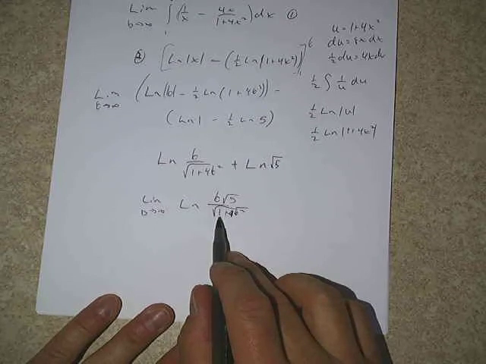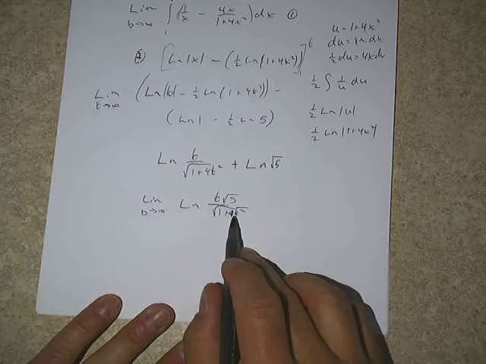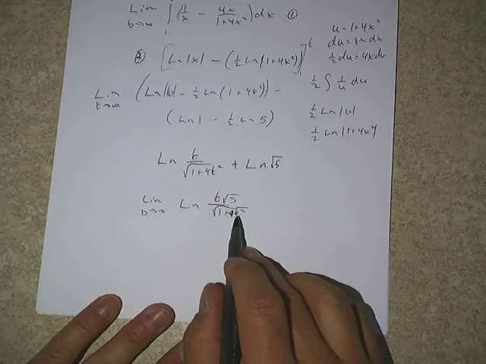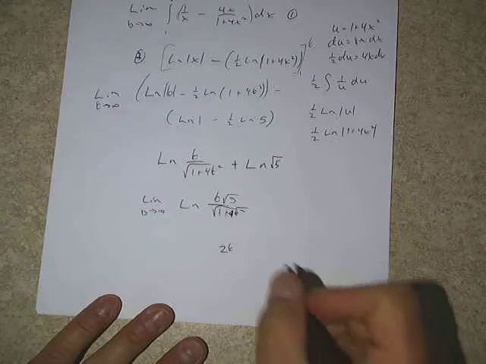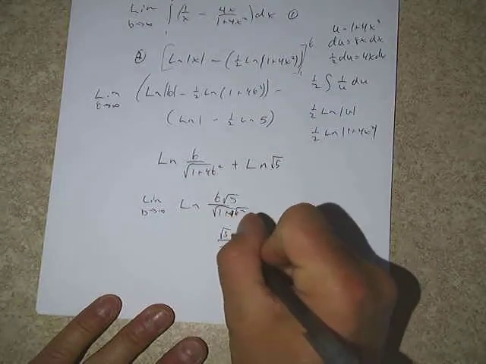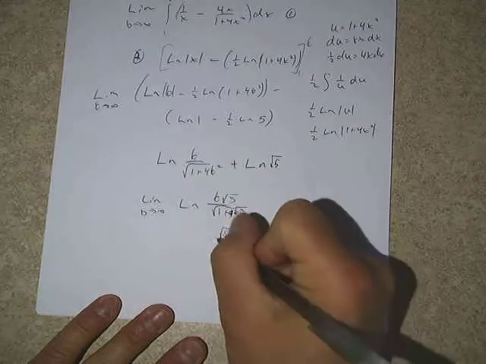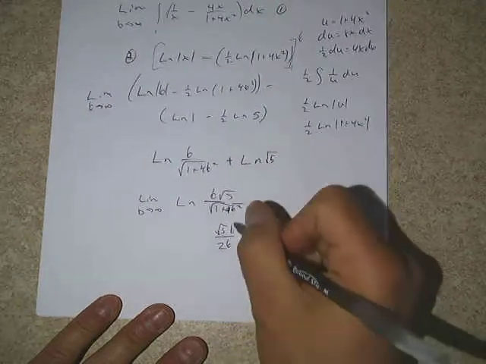Well, think about how this is going to behave if we have b and we have radical 5 here, and we have radical 1 over 4b squared here. Remember, as b approaches infinity, is this term going to have any relevance for us? Okay, and ultimately, this function under here is going to essentially behave like radical 4b squared, isn't it?